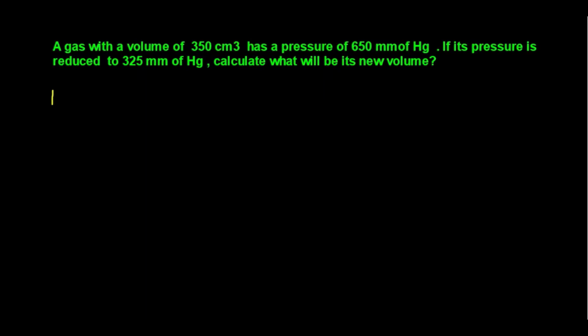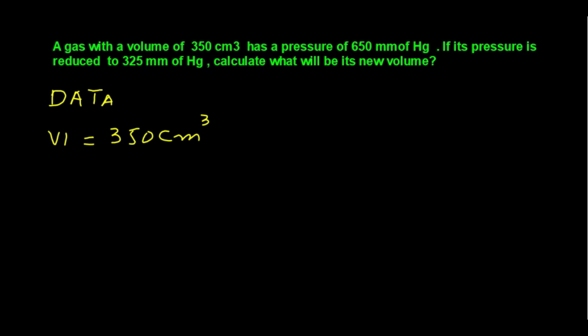First of all, we will write the data for this question, and then we'll see what formula is used to solve this question. The data is, now initial volume which is given V1, it is 350 cubic centimeter.